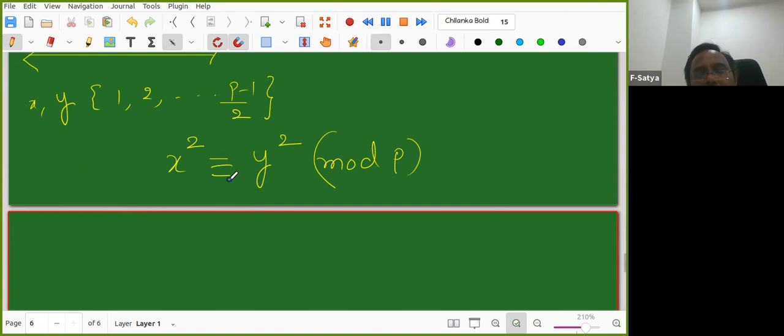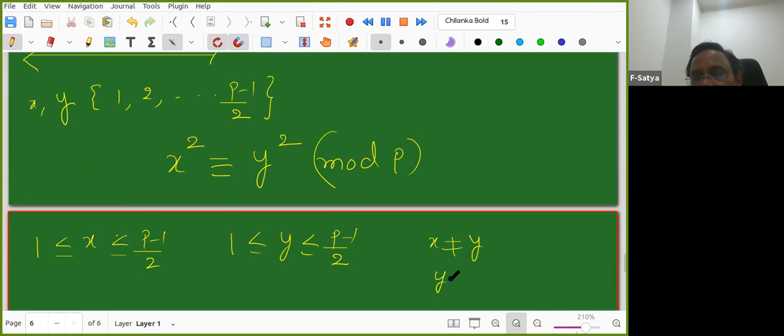But before proving that, what do I have? x belongs to 1 to (p minus 1) by 2, which means x is greater than or equal to 1 and less than or equal to (p minus 1) by 2. Same with y. Now, if x is not equal to y, then one of y minus x or x minus y is positive.